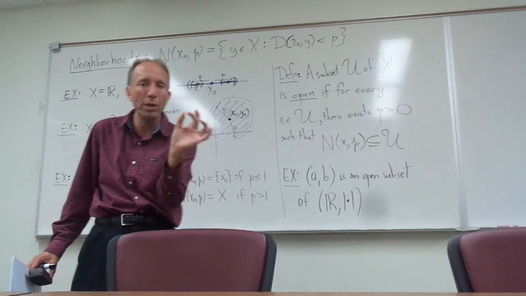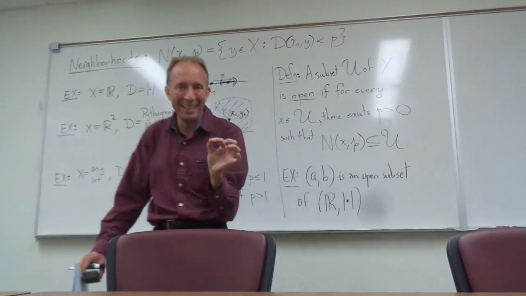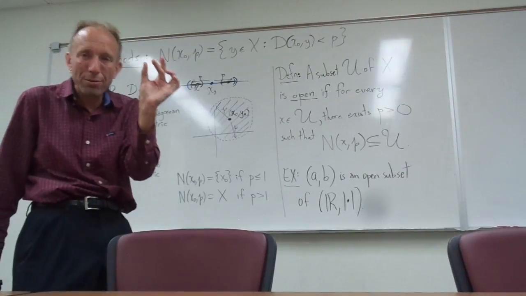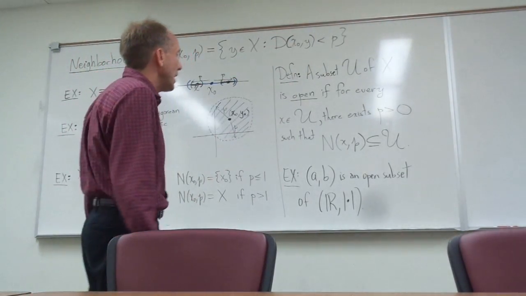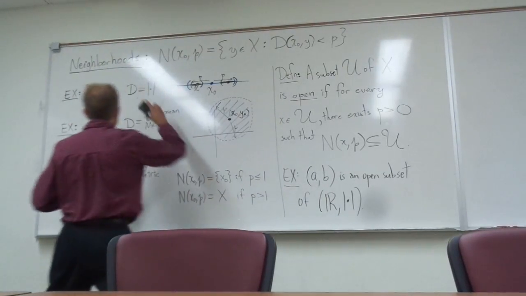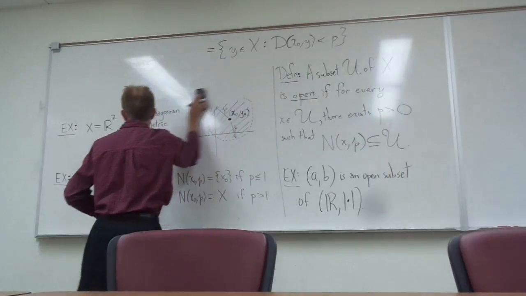Might be a very small one. P might not be very large, right? But there will be a P, a radius that you can build around that point that keeps that neighborhood within the open interval (a, b) that you started with. Okay? Hopefully that makes some sense.